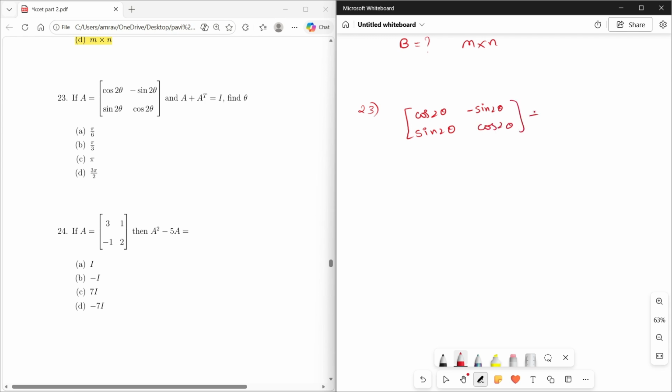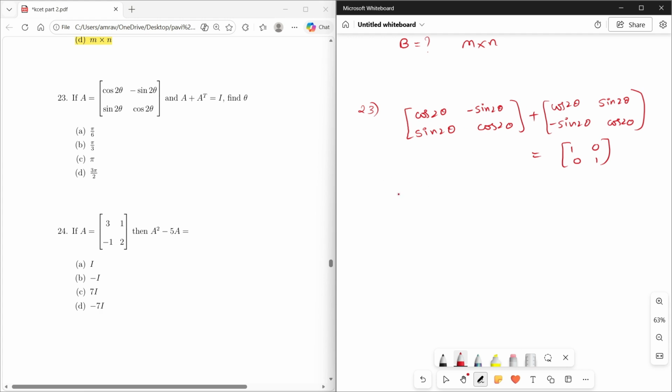Plus, according to the question, A transpose, rows into columns: cos 2 theta, minus sin 2 theta, sin 2 theta, cos 2 theta, and they're telling that this is equal to identity matrix, which is 1 0 0 1, because it is a 2 cross 2 matrix.